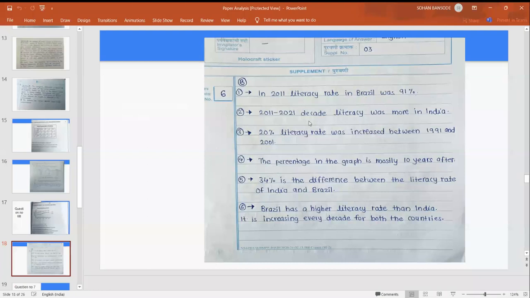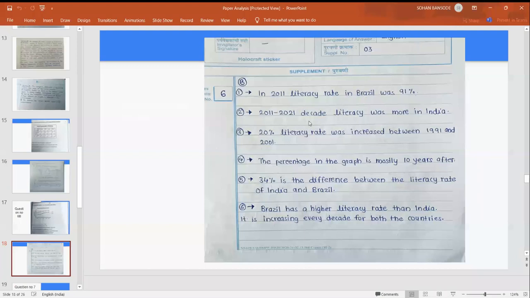Next one is 20% literacy rate was increased between 1991 and 2001. So this you have to calculate, whatever is asked in your question paper, that is, what is the increase percentage between the two figures.